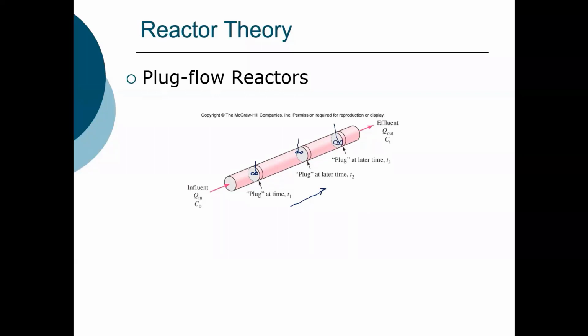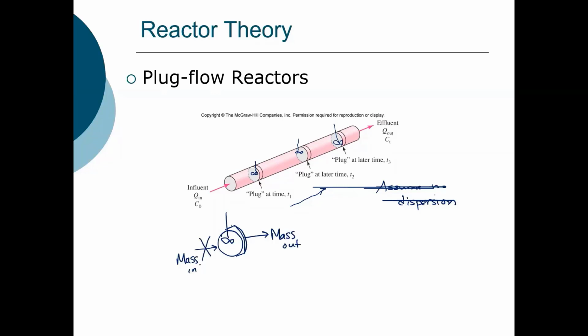Within the parcel, it's completely mixed, and we'll assume no dispersion. Okay. So basically, here's our parcel of water that enters. So this is completely mixed. We have no mass entering that parcel, and we have no mass leaving that parcel.